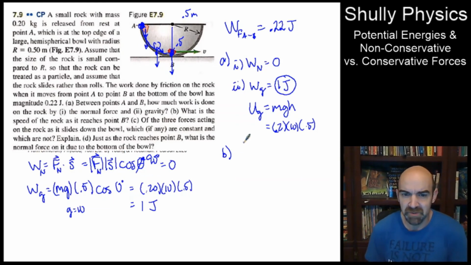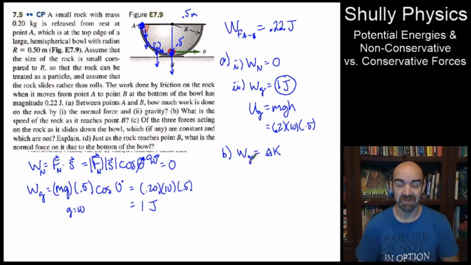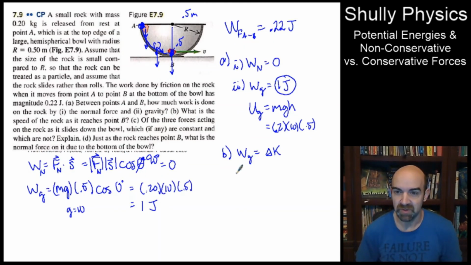What is the speed of the rock as it reaches point B? All right, so if you have the work done by gravity, that's going to equal a change in kinetic energy. That's where velocity is always going to get involved. The work done by gravity is 1 joule, and change in kinetic energy will be half m. Man, that's a nice mass there. That's a good convenient mass, 0.2.